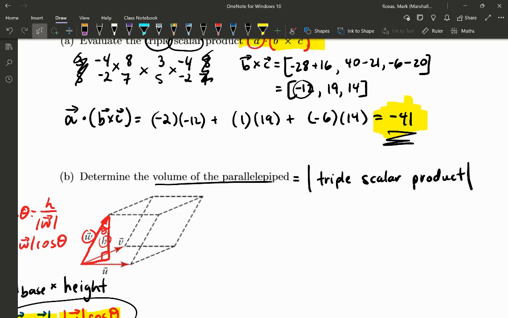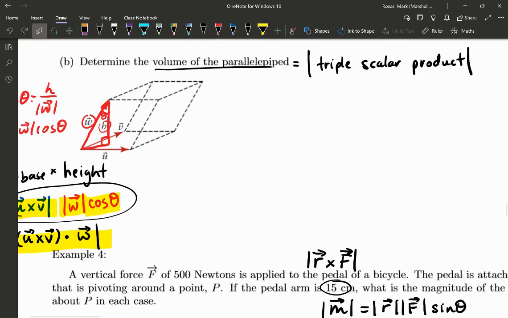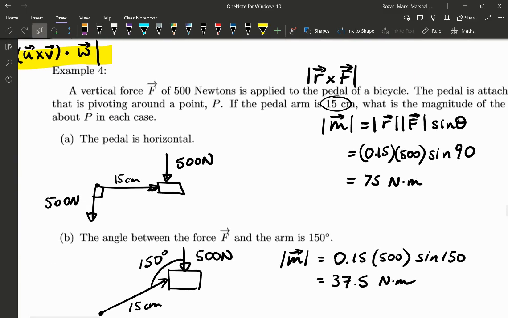So that's a parallelepiped. And then we have an example on the application of forces acting on a pedal of a bicycle. Okay, so a concept called moment, which is very similar to torque, if you want to think of it that way.